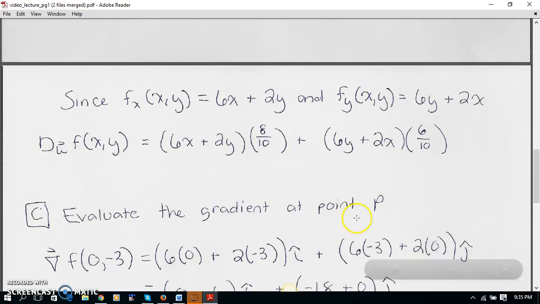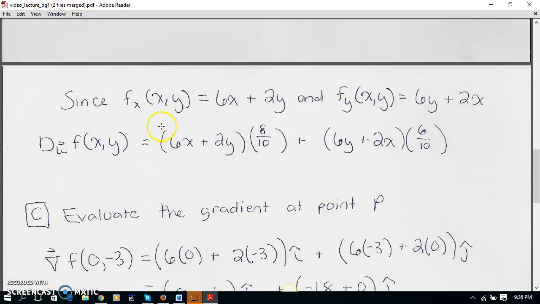The directional derivative takes the partial of the function with respect to x, multiplied by the i component of the unit vector, and adds it to the partial of the function with respect to y, multiplied by the j component of the unit vector.